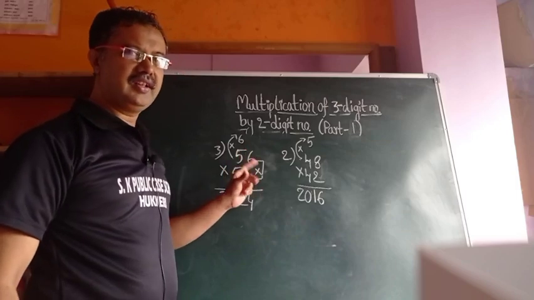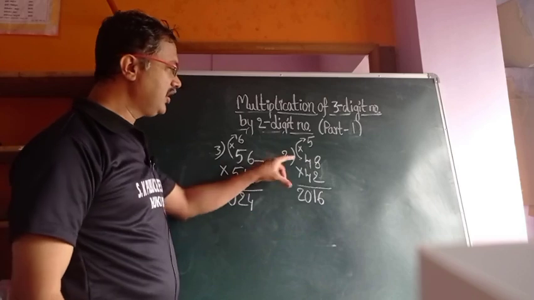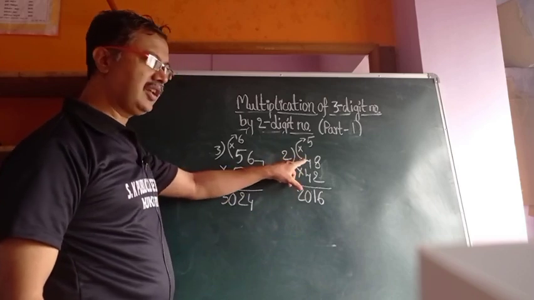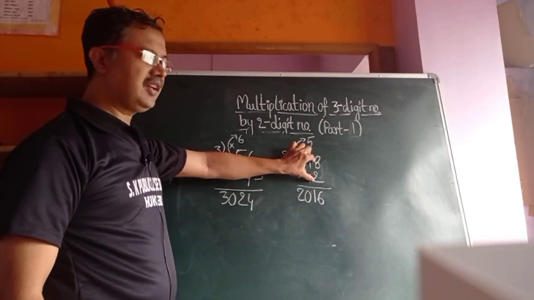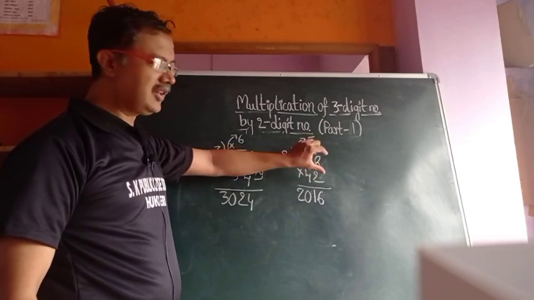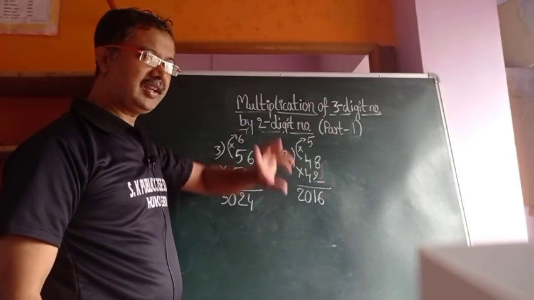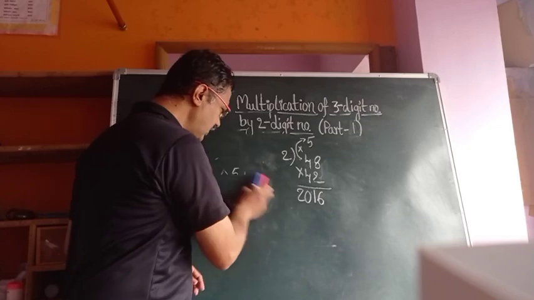I hope you understood this one. Practice this. Take any numbers which are the same in tens place, and if you add the ones digits then it becomes 10. In that case we can apply this method.